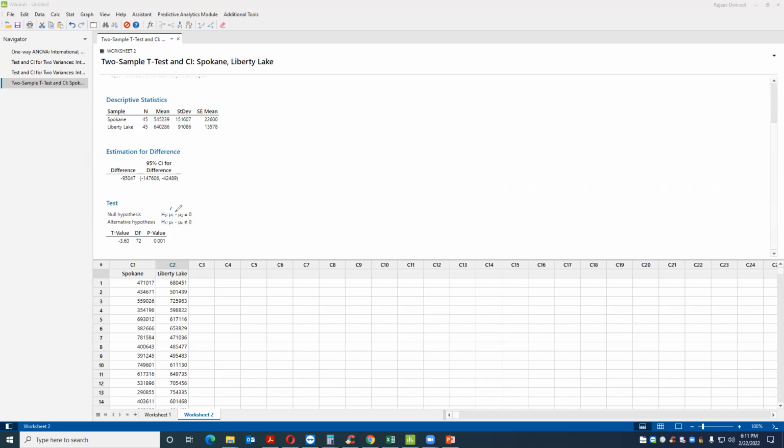The alternative says no, that is not 0. Not 0 means there is a difference. So what did we get here? First thing, the p value is less than the alpha value.